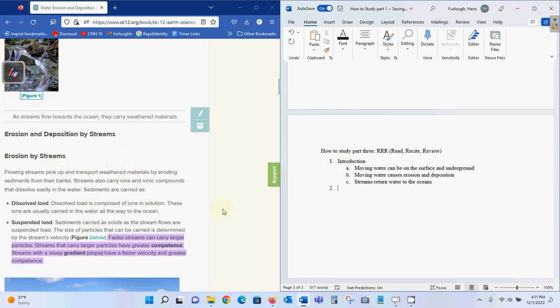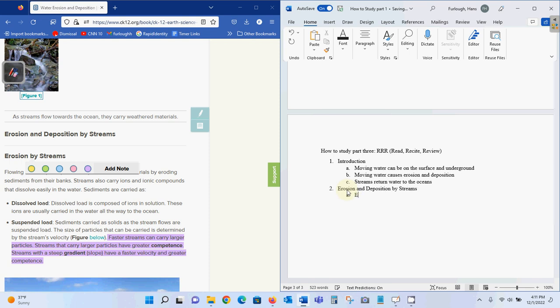All right. Now here we have a new subtitle. So what we could do is erosion and deposition by streams. So I would expect to learn in the next few paragraphs about how streams cause erosion and deposition.